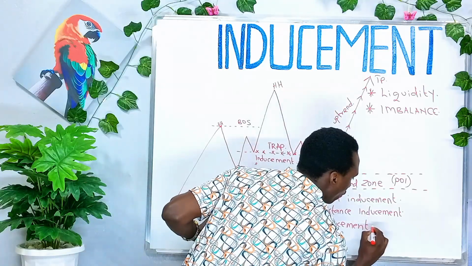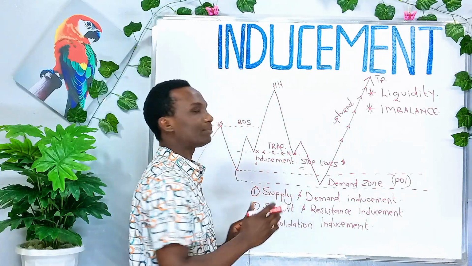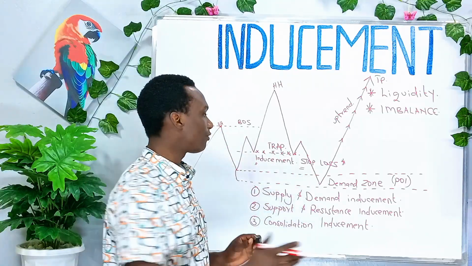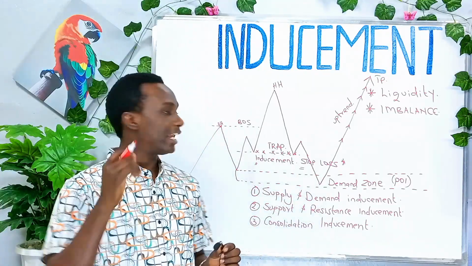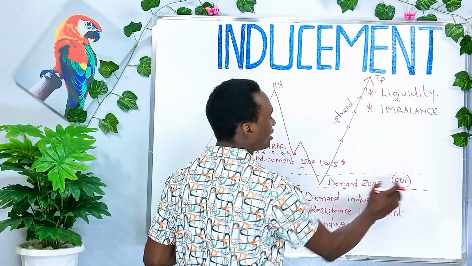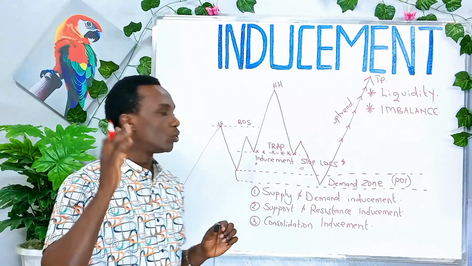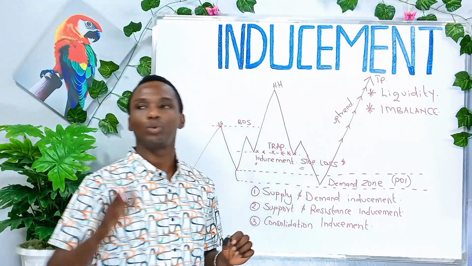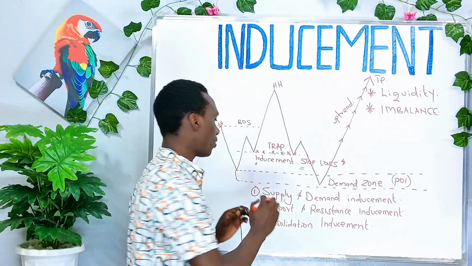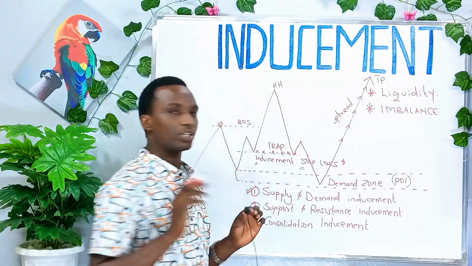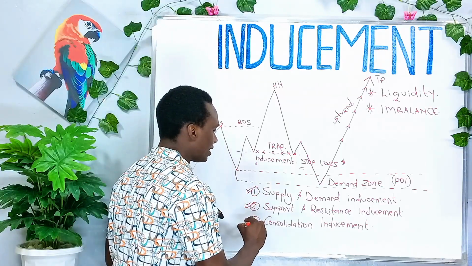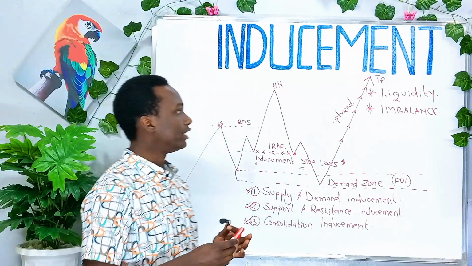If you understand these three types of inducements, you are qualified to know where these levels occur, avoid them, and go to the points of interest, which are the true demand zones and the true supply zones. We are going to discuss one by one what a supply and demand zone inducement is, what a support and resistance inducement is, and what a consolidation inducement is.